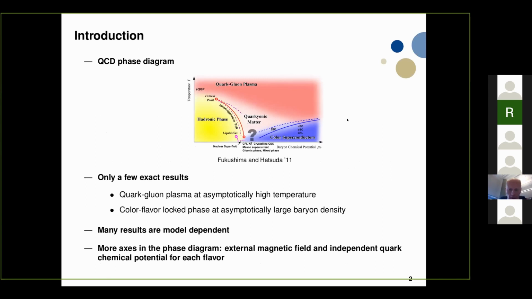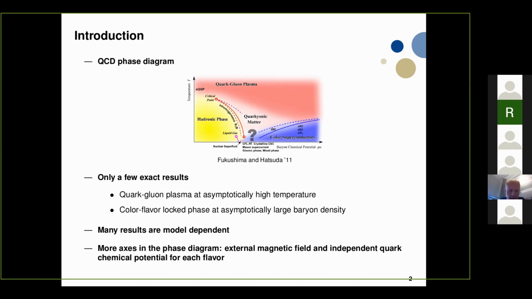So you have all seen this phase diagram or similar versions of it. This is in the mu_B-T plane, and there is this question mark in the middle of it. I think that's fair to put it there, since it's really not that certain what types of phases we have in that part of the phase diagram. We only have, in fact, a few results that you could consider exact, in the sense that they are really rigorous results.